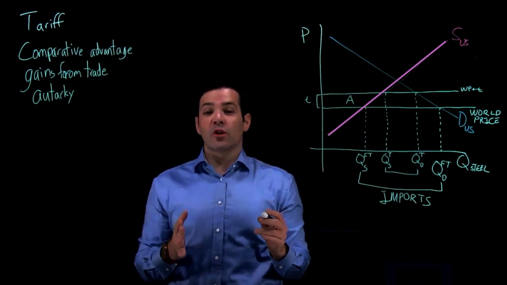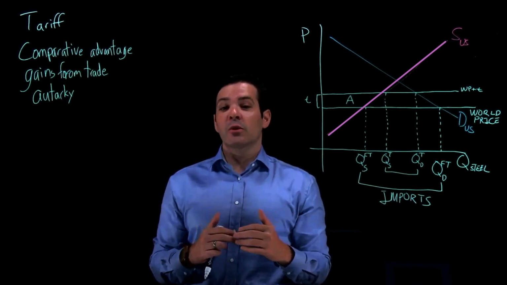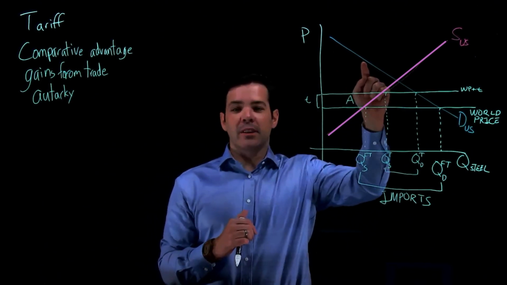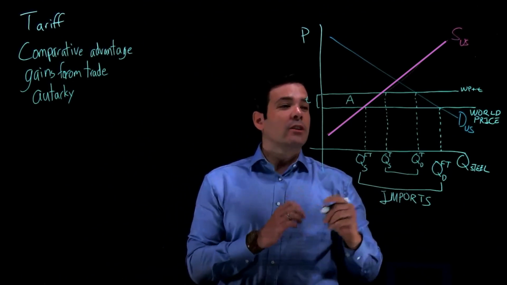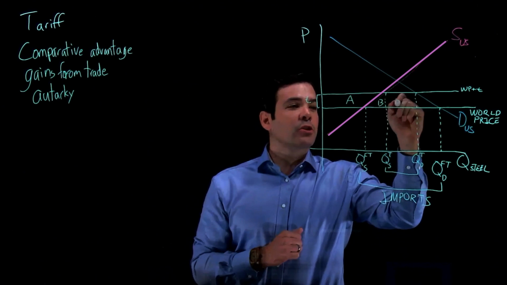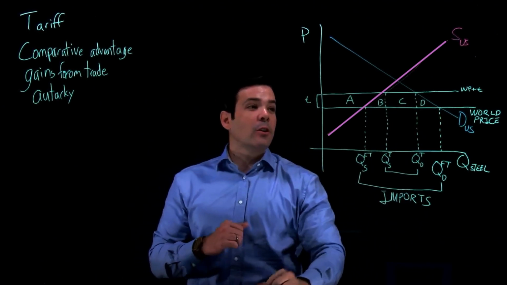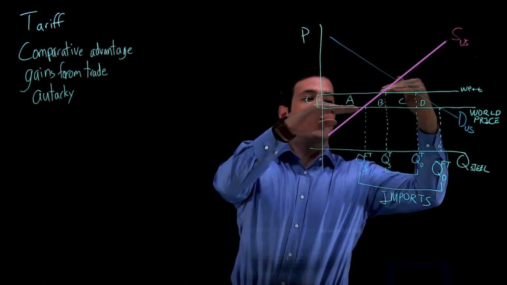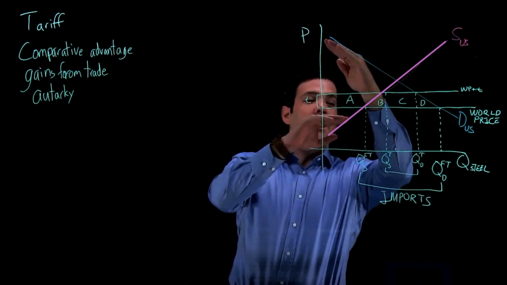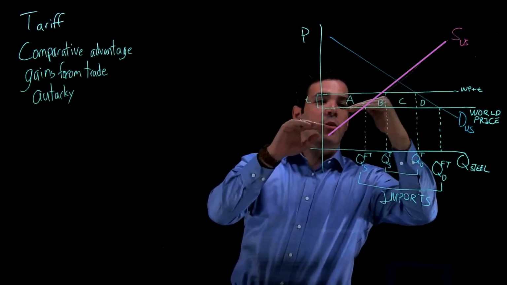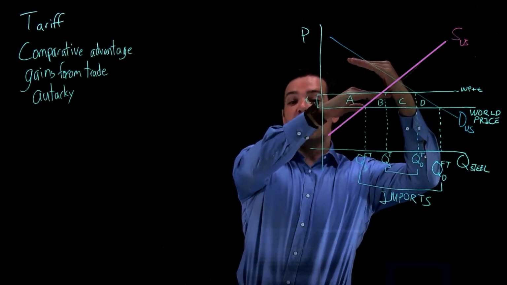But consumers are worse off. By how much? Remember that consumer surplus is the difference between what consumers are willing to pay, determined by the demand curve, and what they had to pay, determined by the price. So at this new higher price, consumer surplus falls, let me label these sections right here, consumer surplus falls by this entire area right here, A plus B plus C plus D. Before, it was the area between the demand curve and the world price, and now it's the area between the demand curve and the new higher price.